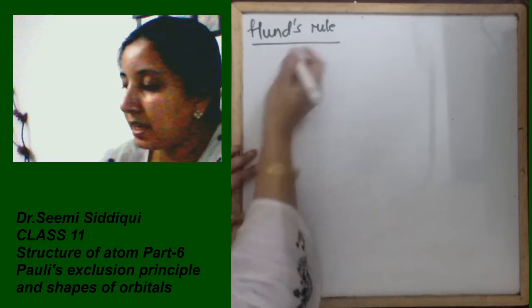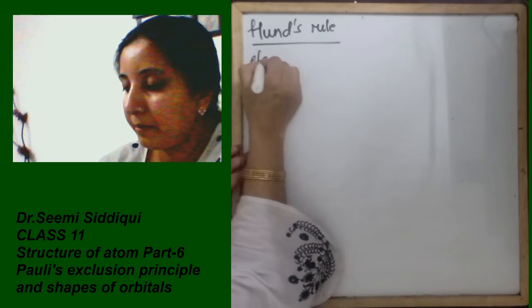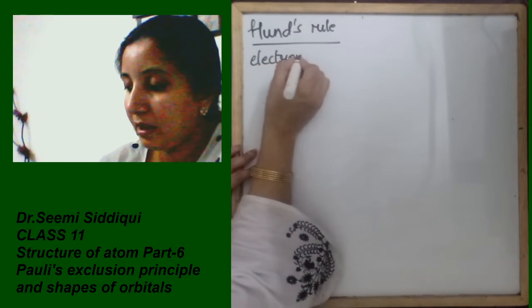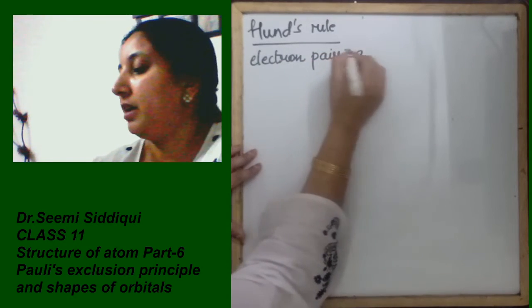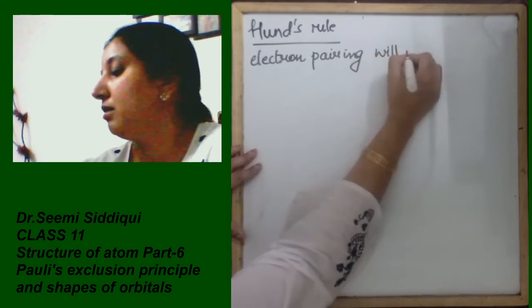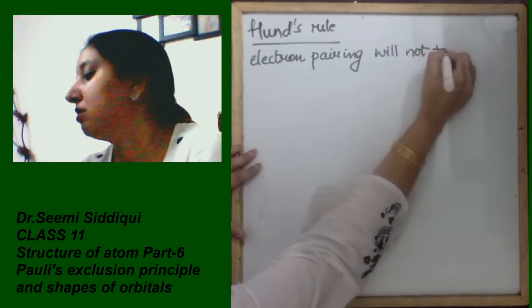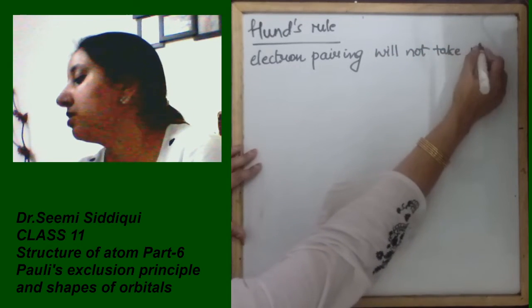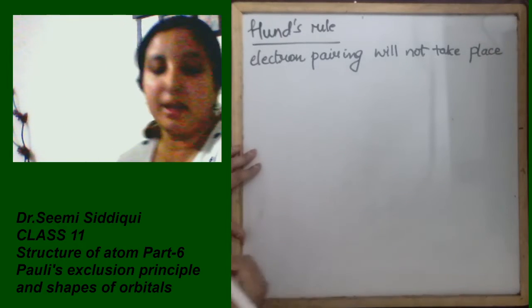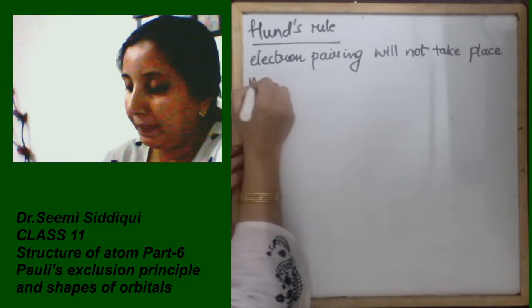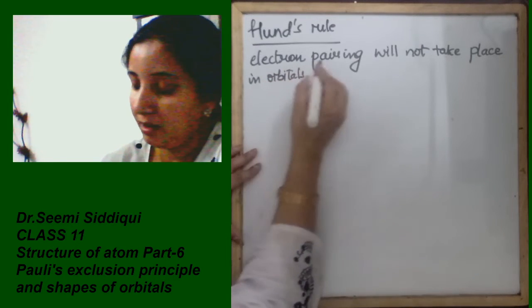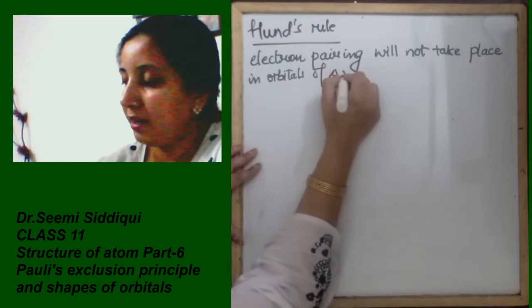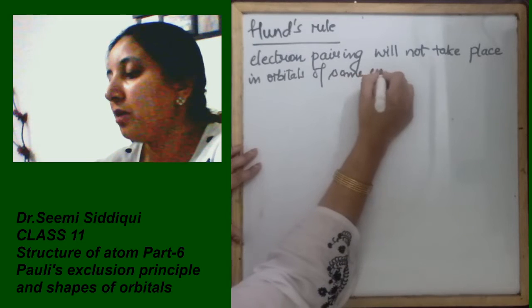Means it says electron pairing will not take place in orbitals of same energy. सेम एनर्जी का मतलब क्या हो गया?